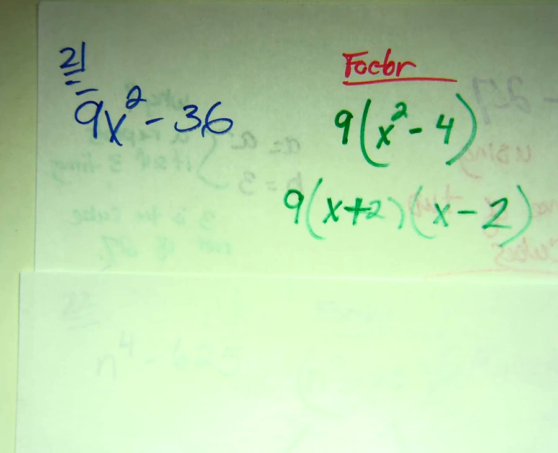Notice on the inside of the parentheses, this is again a perfect square, so we know what can give you 4. We also know we got the 2 x's. So with your 2 sets of parentheses right here, here goes one x, there goes the other x. We know the factors of 4 are 2 and 2. Notice the signs are different because this is a negative. So one has to be positive, the other one has to be negative. Your final answer is 9 times x plus 2 times x minus 2.